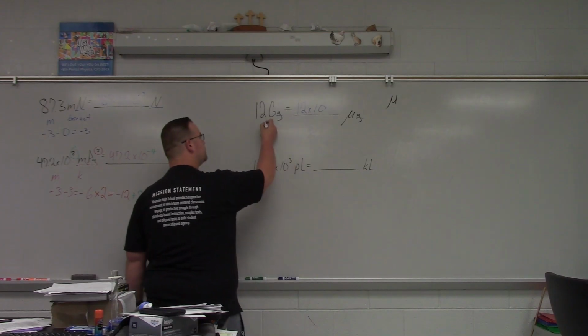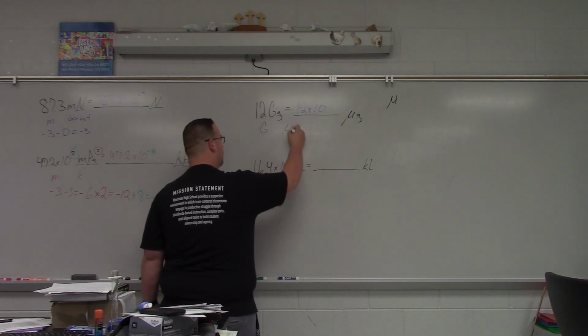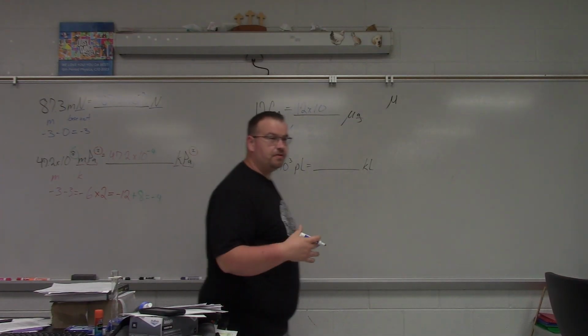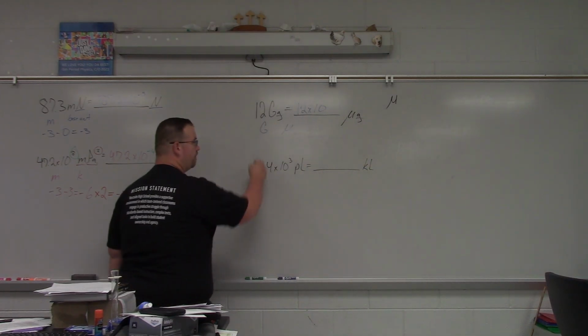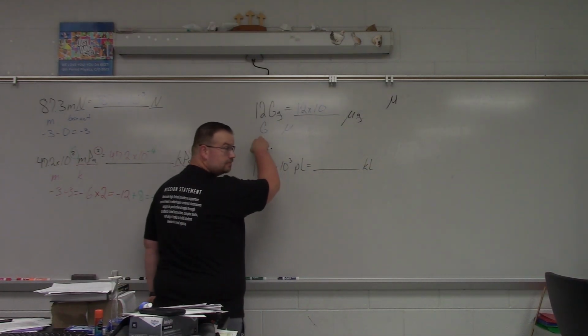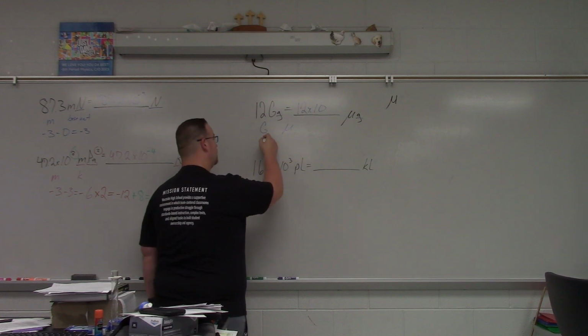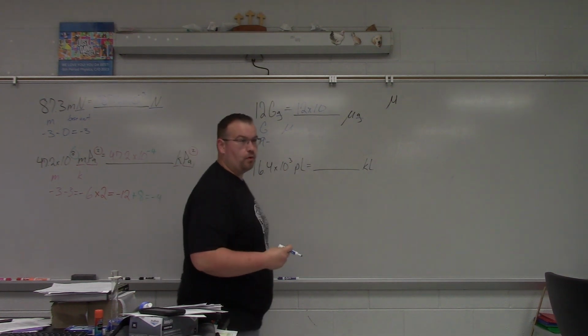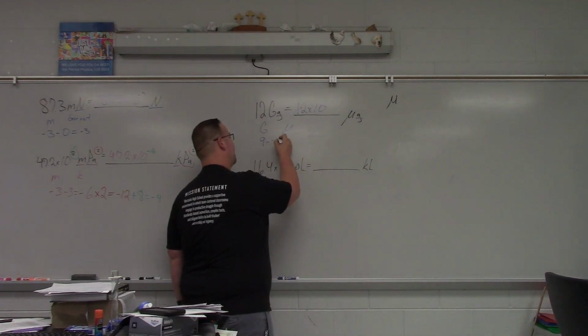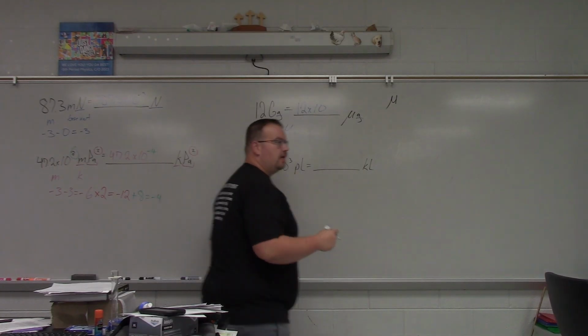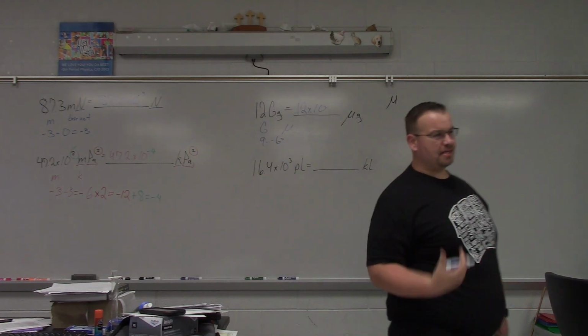So we're looking at the difference between giga and micro. So let's find the difference. We go to step 3. We find the difference. What's the exponential value for giga? 9. 9 minus the exponential value for micro. Negative 6.